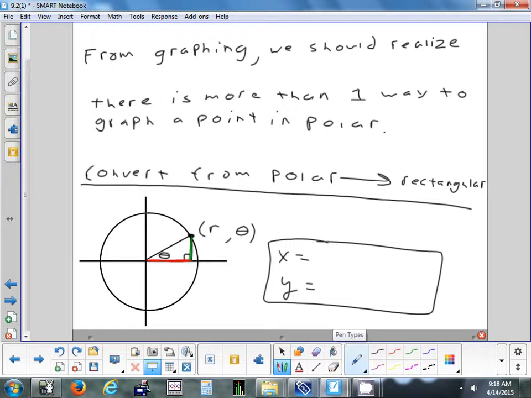If I can figure out the length of that segment in red and the segment in green, then I'll have an xy coordinate. First we got to give names to those 2 segments. Since that segment in red is along the x-axis, call it x. The green segment runs vertical. Let's call it y.